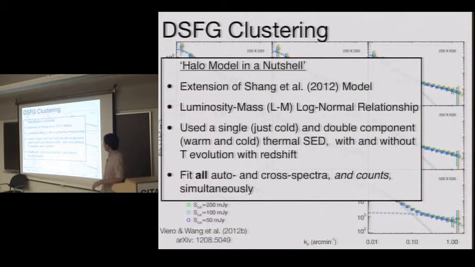But the point is that the halo model that we used was an extension of this Shang et al. model, and its point was that it tied the luminosities and the masses of the dark matter halos hosting those galaxies together. And it did it with a log normal relationship so that there is a peak halo mass for efficient star formation.